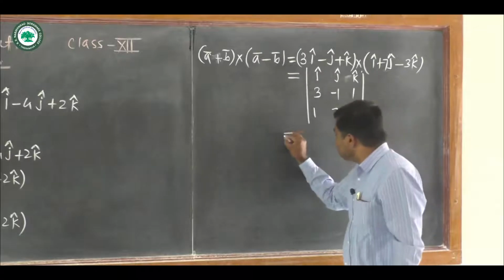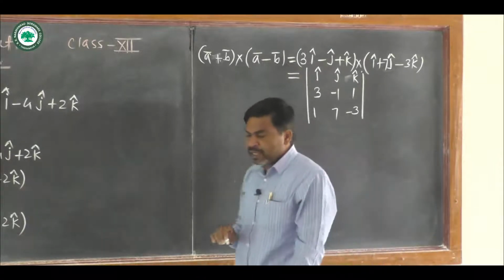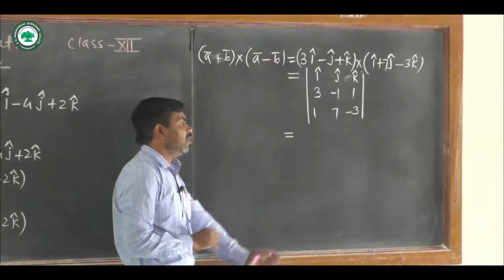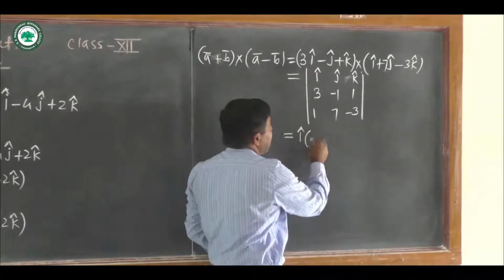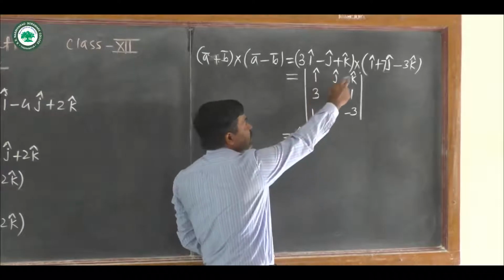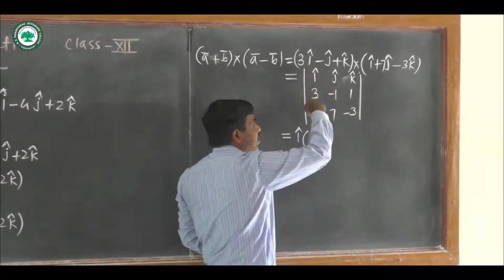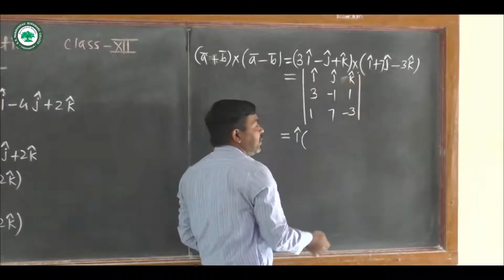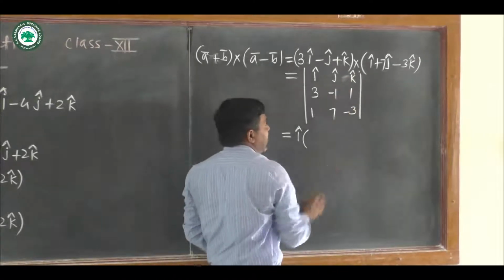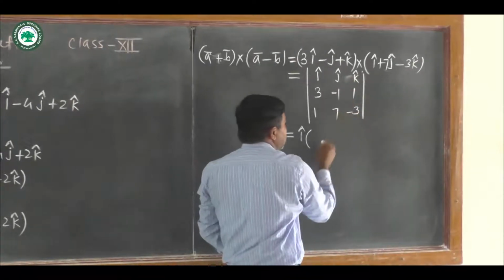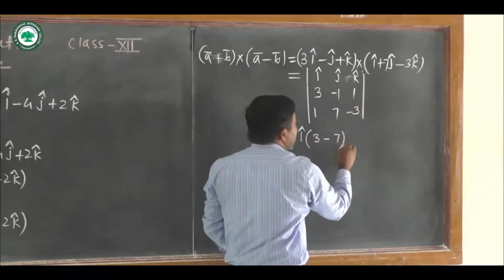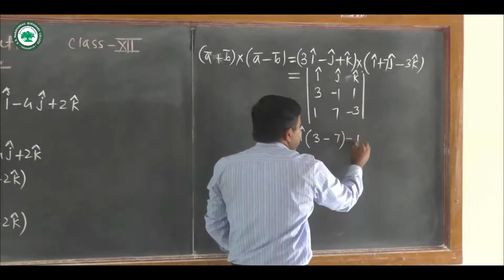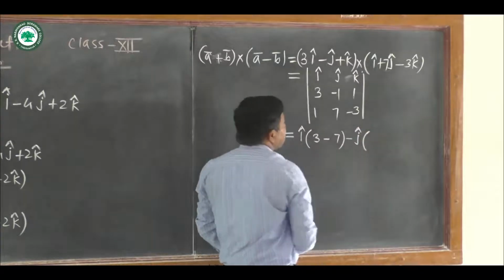Now this is a 3 by 3 determinant, and we have seen how to find the value of a 3 by 3 determinant, that is i cap in bracket. Now i cap lies in first row and first column, so leave the first row and first column and take the determinant of the remaining 4 elements, that is minus 3 into minus 1, that is 3, minus 7 into 1, that is 7. Minus j cap in bracket.